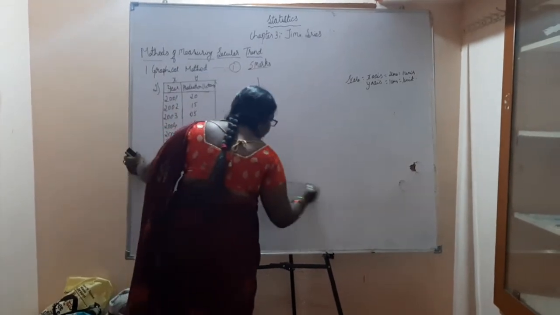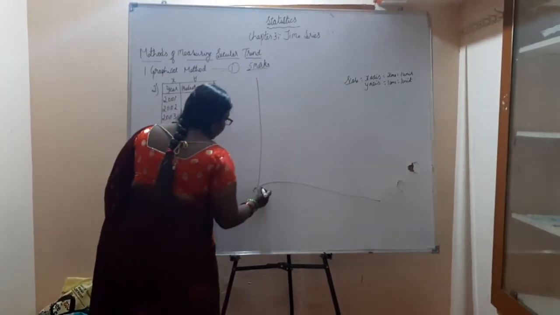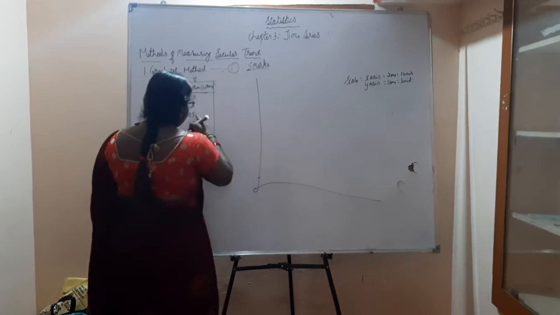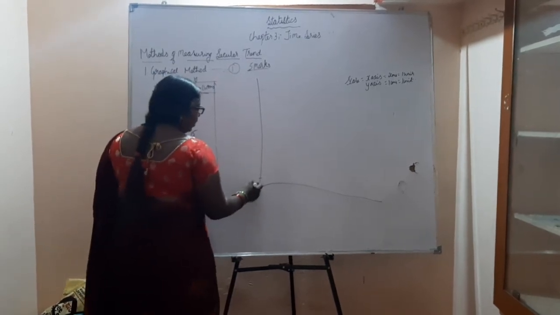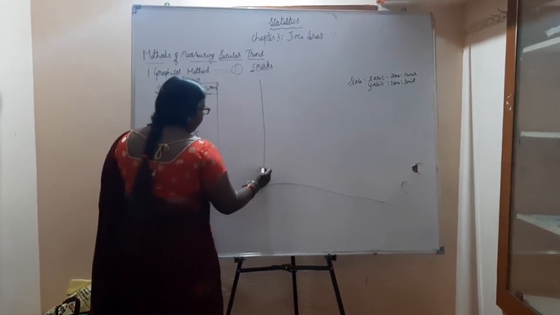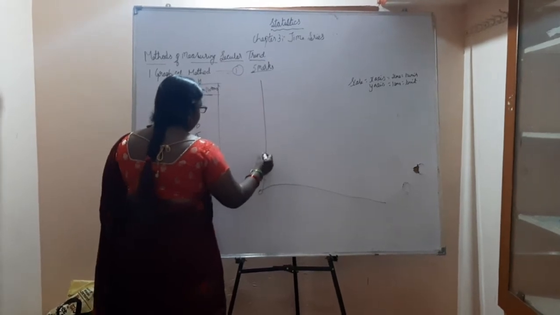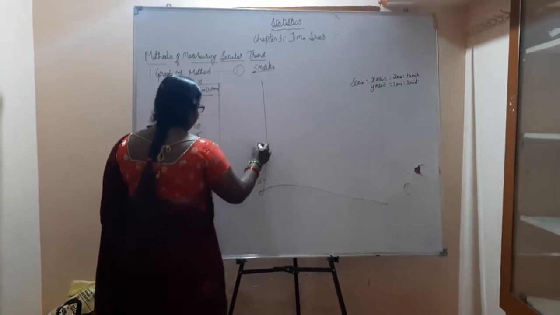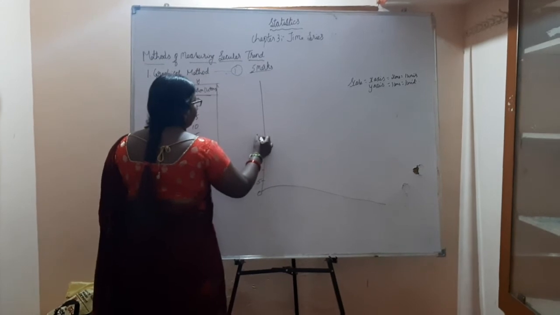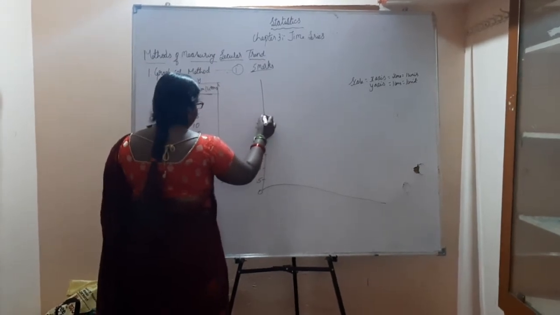So I am plotting the graph from 0. My starting is 5, so I will take 0, 5, 10, 15, 20, 25, 30.